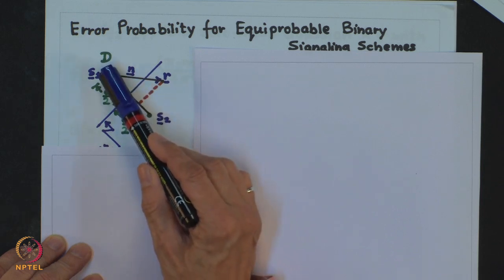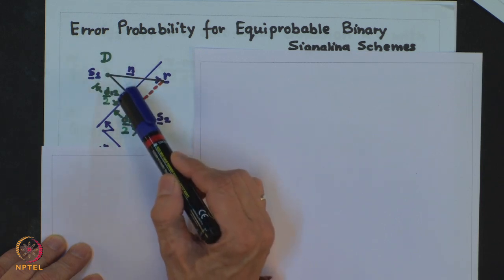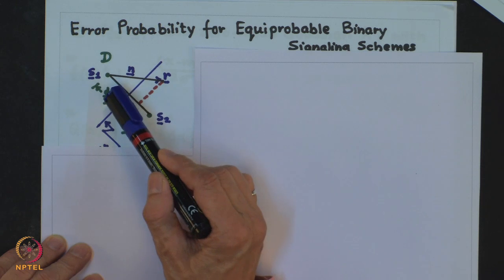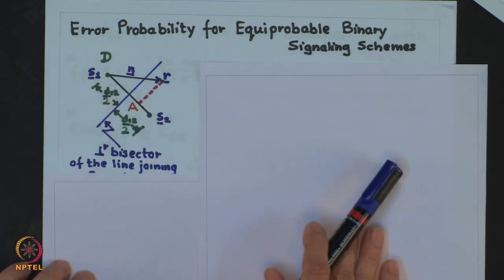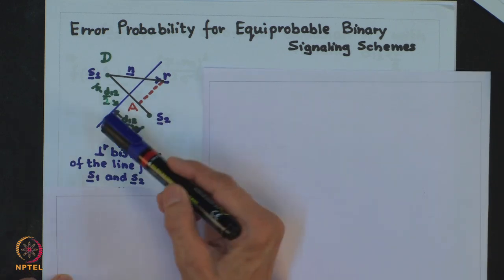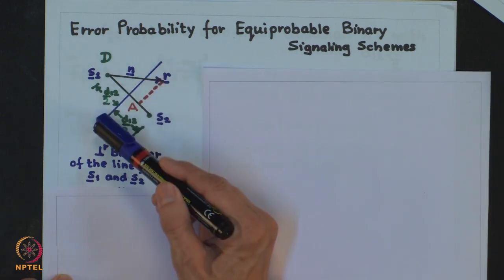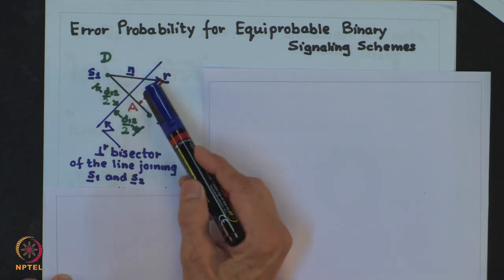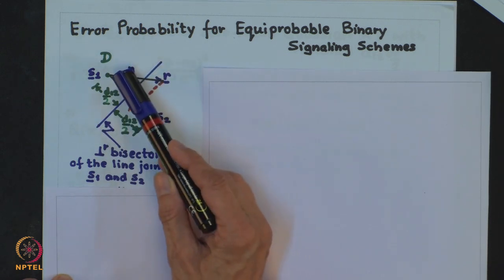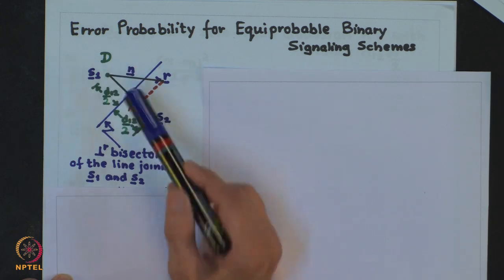The distance between S1 and S2, let it be denoted as D12. So this is the perpendicular bisector which decides your decision boundary between R1 and R2, presuming that both the signals are equiprobable.